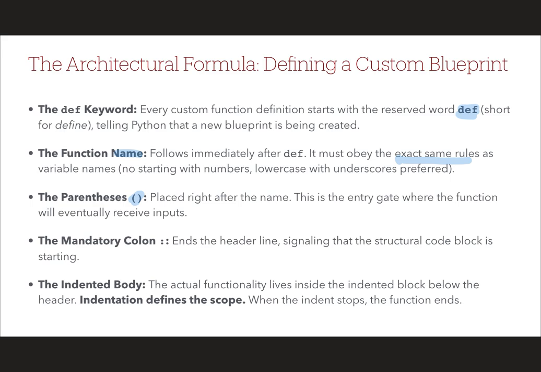And then right after this parenthesis, you need to put a colon. That says that is the end of the first line of the definition of a function. After that colon, several statements follow, and these statements must be indented.